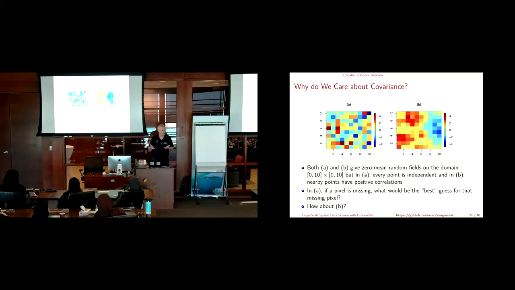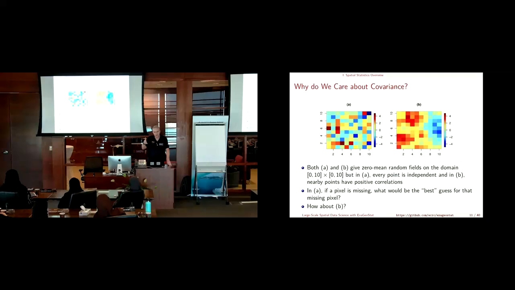Yeah, it seems like nearby points are kind of red, so the best guess is probably red. It's quite unlikely that suddenly it would be blue there. It could be that the dependence actually is strong, so that the nearby points tell you that it should be red. So that's exactly what we want to use. We want to use the covariance function to tell us how much weight we should give to different observations.